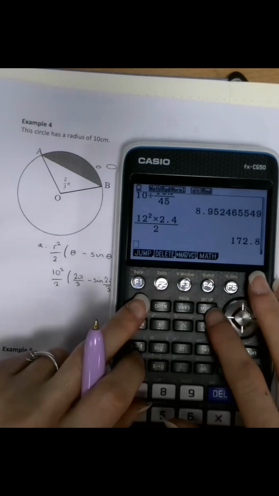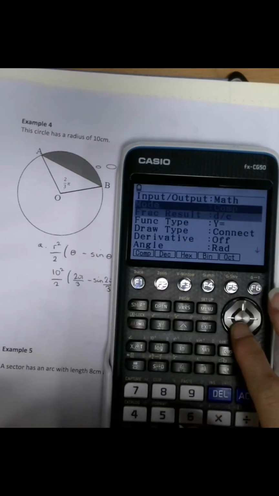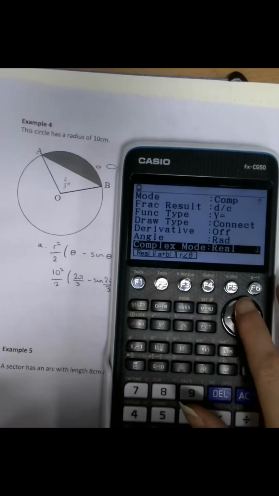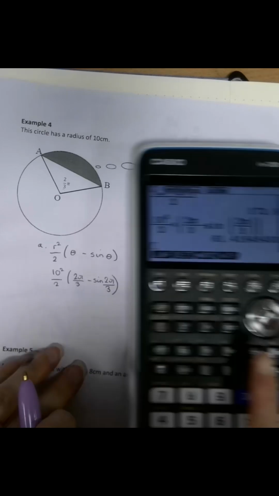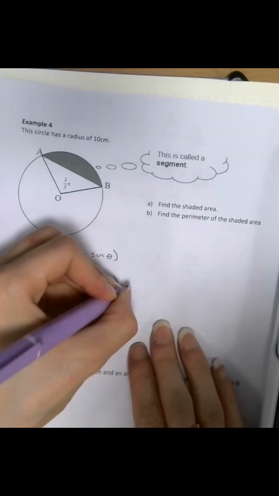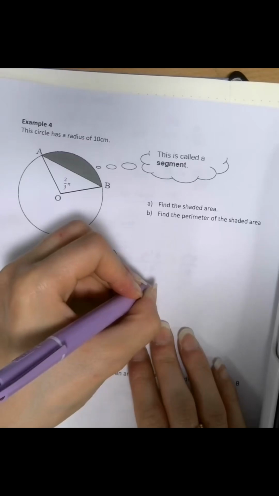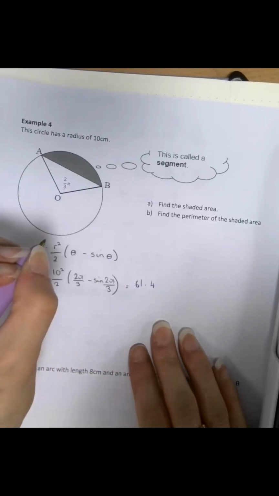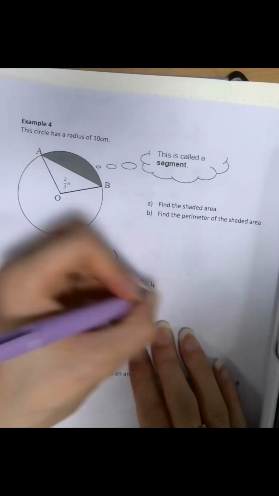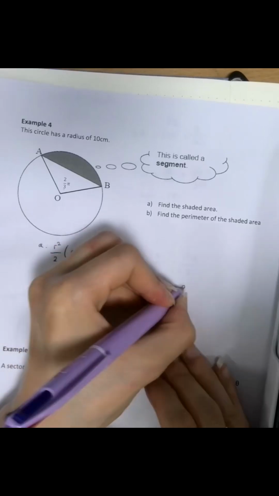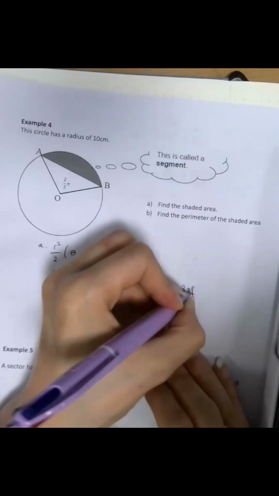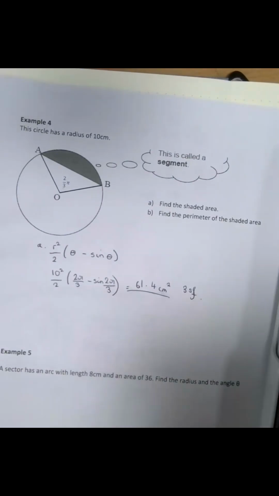Press shift, setup, then go down to angle and make sure you're in radians. That gets us 61.4, and it's the shaded area, so it'll be centimetres squared, to 3 significant figures.